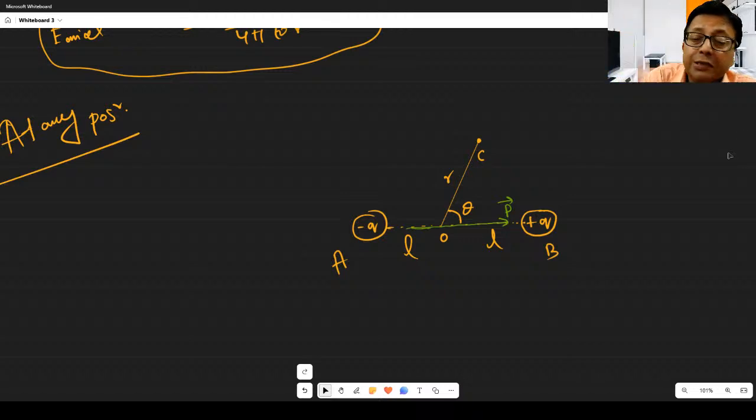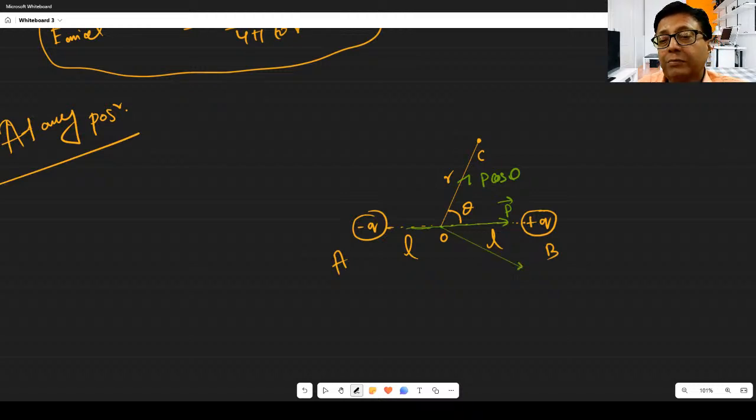Now let us resolve this P vector into its components. P can be directed this way. What is its magnitude? P can be directed this way. What is its magnitude? You understand what I am doing? I have not done anything new, that is just resolution of vector P.